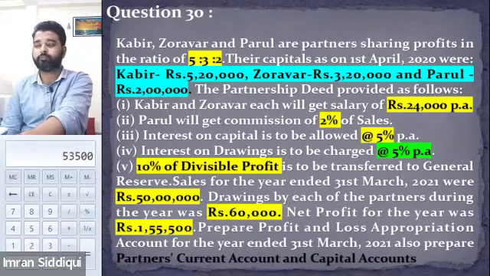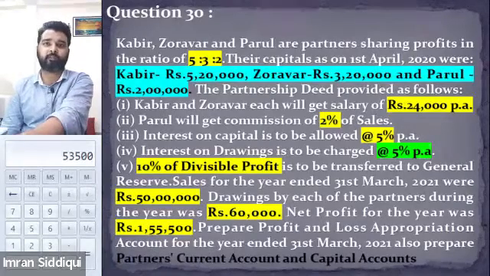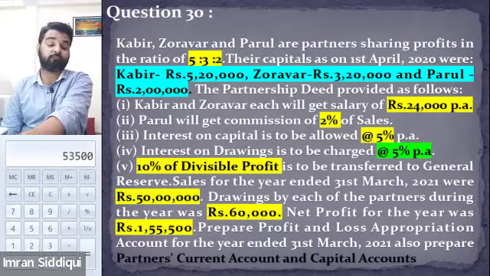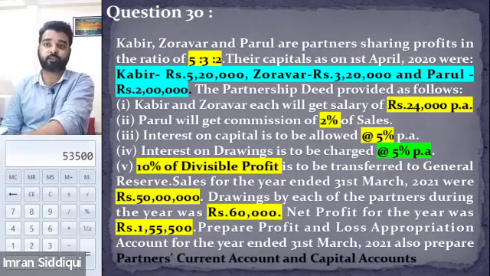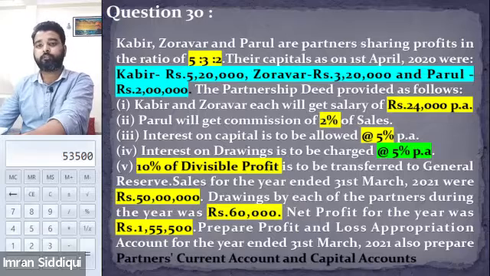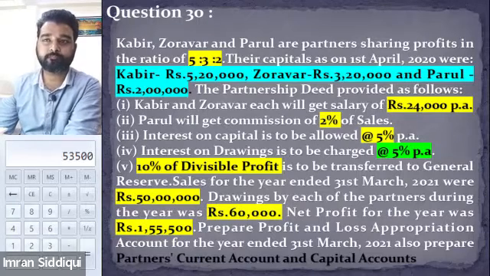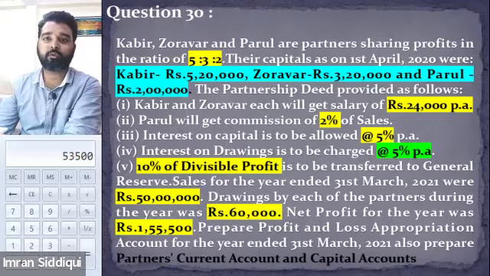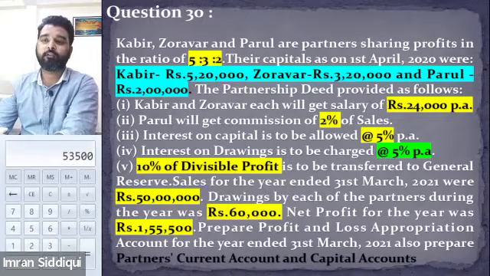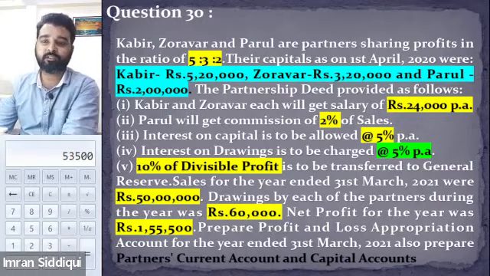See, Alexander, you're missing one concept here. The rate of interest on drawing is given in the question, and the question says that drawings have been made throughout the year. The drawing by each partner during the year is 60,000.